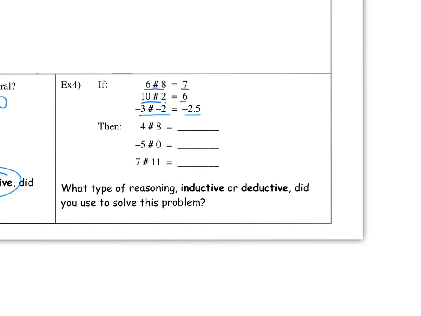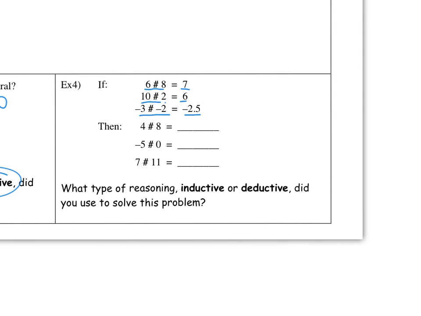But what we want to do is see if we can figure out what other solutions could be based upon what we're seeing. So, anybody have an idea of what 4 hashtag 8 might be? It's like the midpoint of 6 to 8.